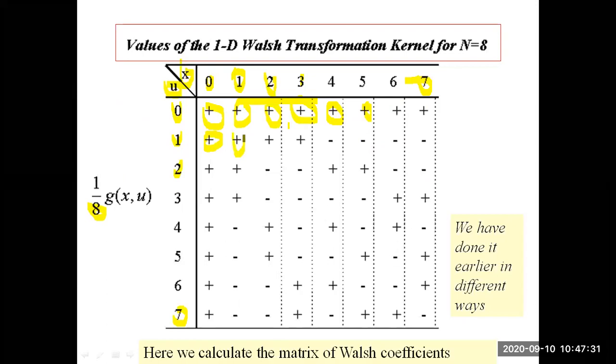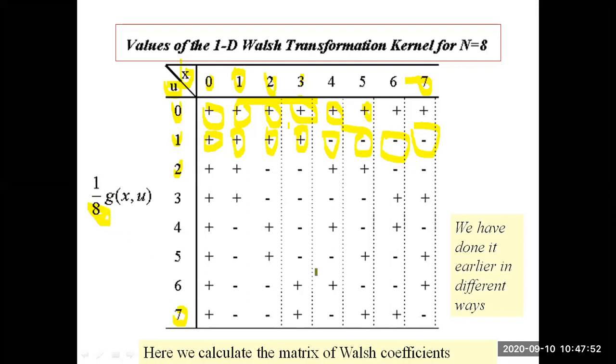Similarly, G of 1, 1 is plus. What is 1, 2? 1, 3? 1, 4? 1, 5? 1, 6? Only some signatures change, but the magnitude stays the same, so we keep it like this here.